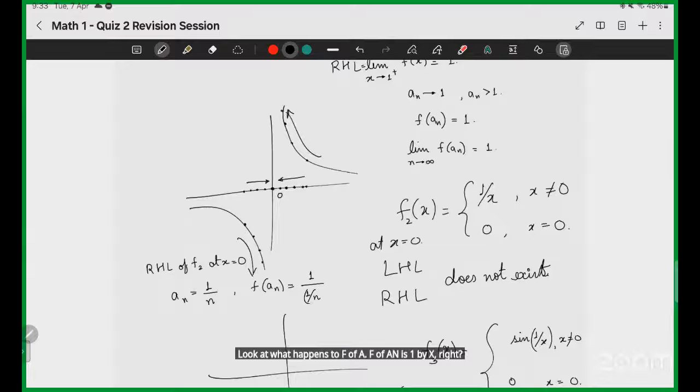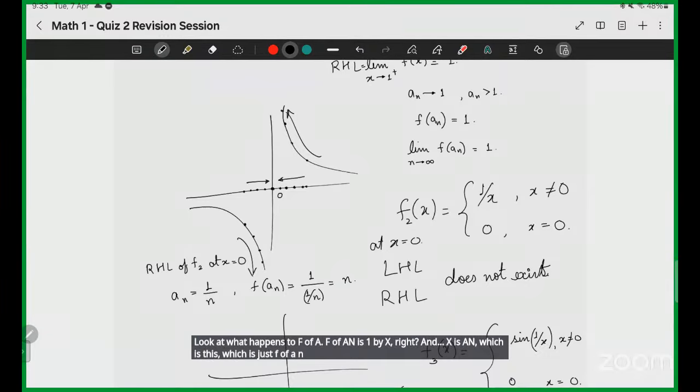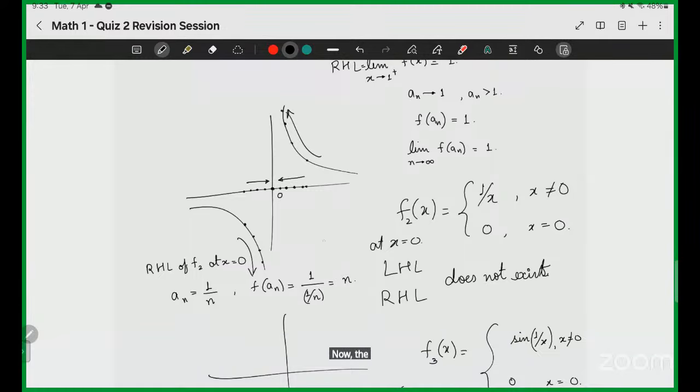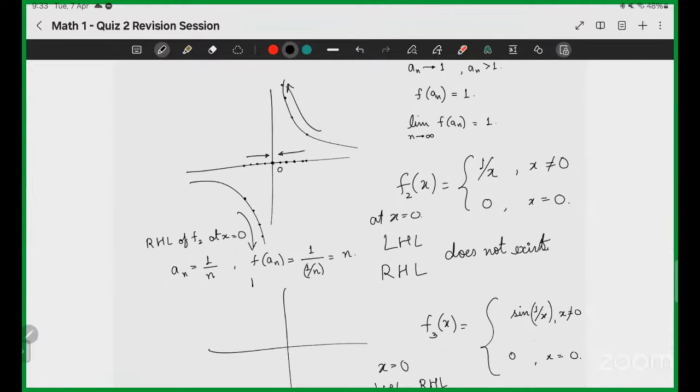And x is a_n, so f of a_n is just n. Now the sequence n, does it converge or diverge? If I take the sequence b_n is equal to n, is this a convergent sequence or a divergent sequence? Yeah, divergent.